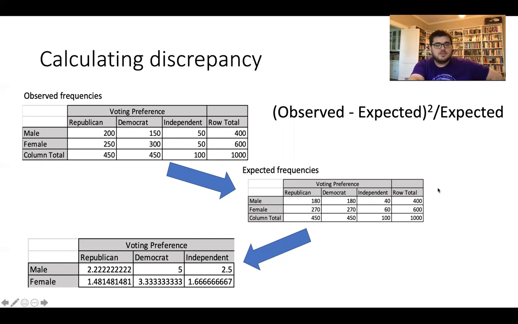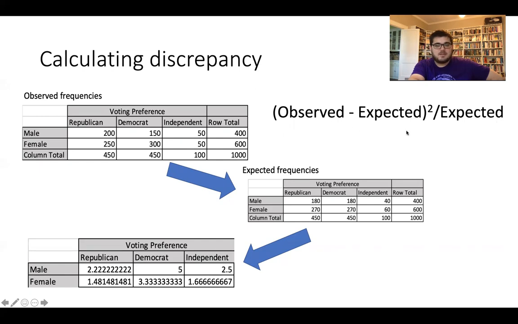You don't go to each cell and just do the raw difference like that. You end up with a number that is more standardized. So it's not the raw differences. It's actually the raw differences squared divided by the expected differences.